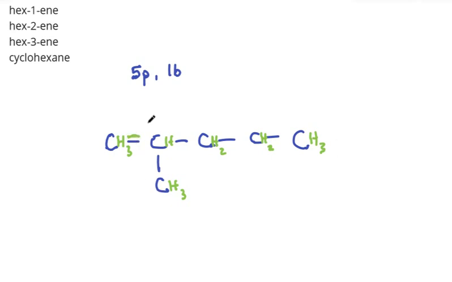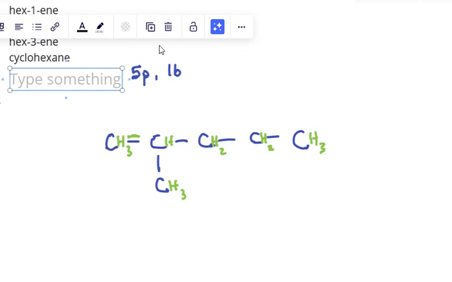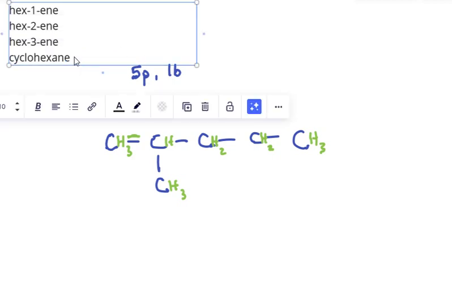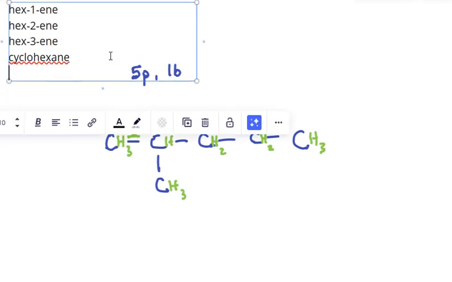So if we put a double bond here, now our primary is what? Pent 1-ene. And we have a methyl group on it. Put it in this existing group. So we have pent 1-ene, and it's got a methyl group on carbon number 2. So 2-methylpent-1-ene.